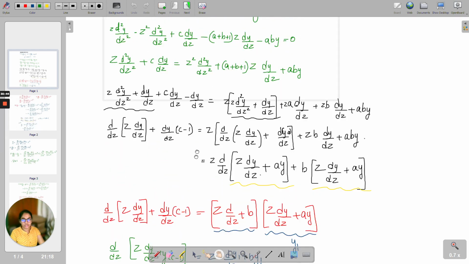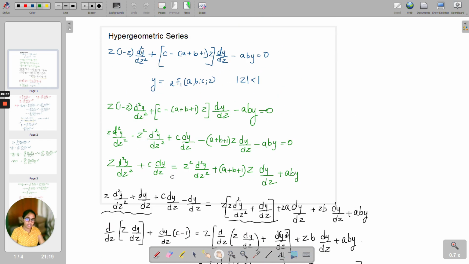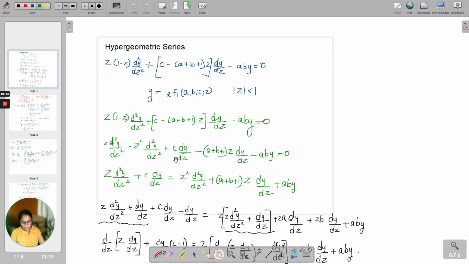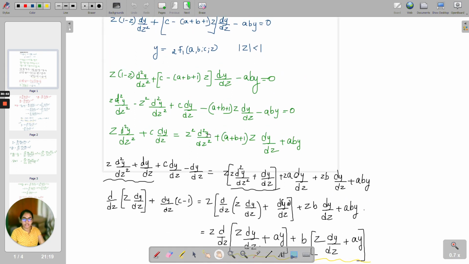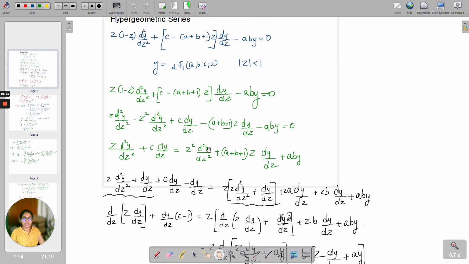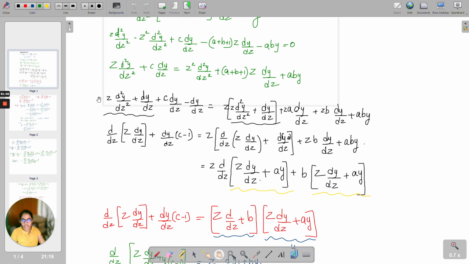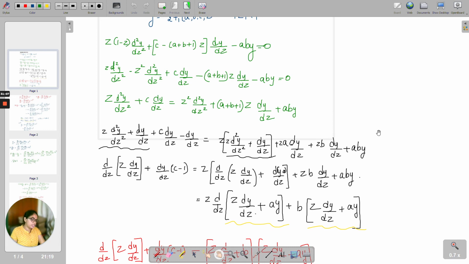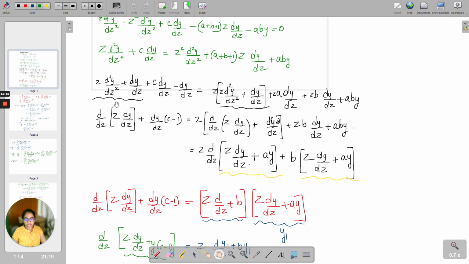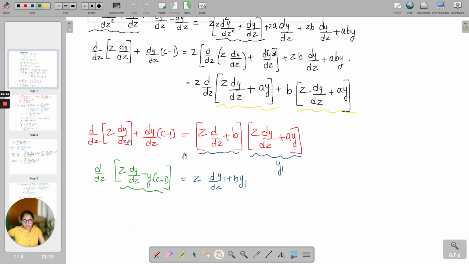So this was the solution of one of the important ordinary differential equations, the hypergeometric equation. What did we do? We wrote down the hypergeometric equation and did some simplifications. We kept the positive terms on the LHS and sent all the negative terms to the RHS, making them positive. We added and subtracted dy by dz, and after some simplifications we ended up with an LHS and RHS.